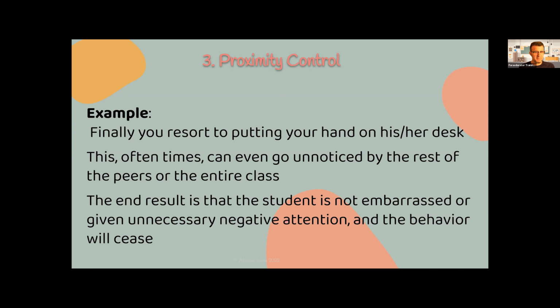If you stopped every time kids were goofing around, you would never finish your lessons ever, right? The end result is that the student is not embarrassed or given unnecessary negative attention, and the behavior will cease. And then after that episode, you can, of course, choose to change the seating arrangement the next time folks are going to be in proximity to one another.